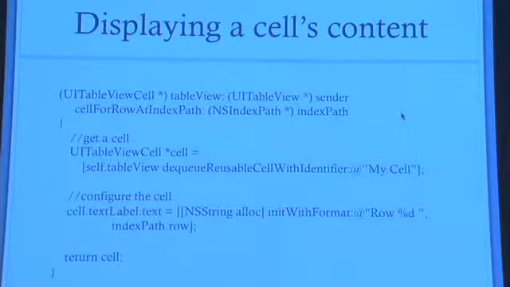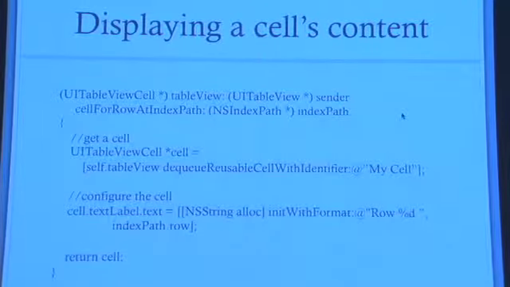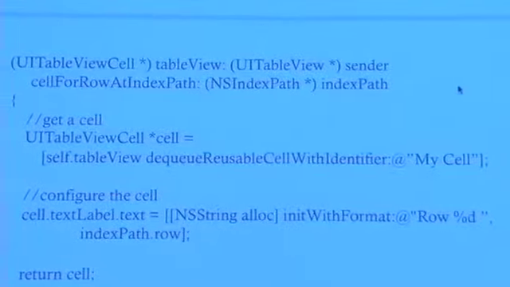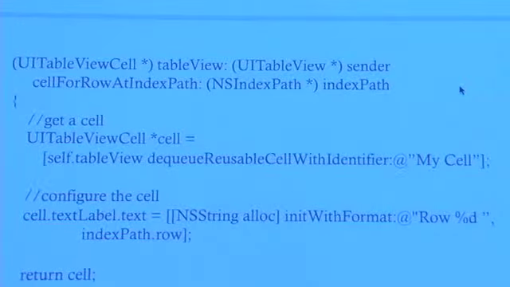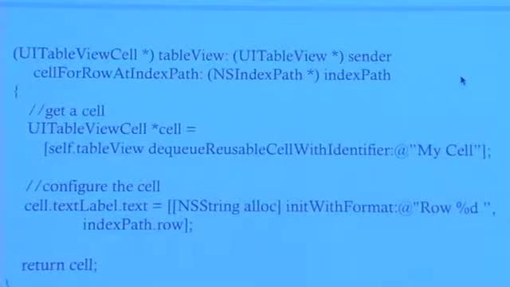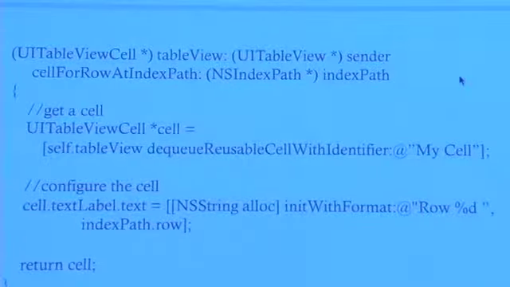So to get the cell, you use this strangely named method, dequeueReusableCellWithIdentifier. That's a method of the table view. What that does is, the table view has this pool of cells, and it can just grab a cell out of there. The reuse identifier in this case is "MyCell".